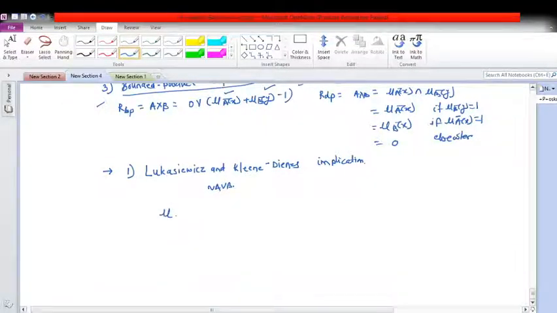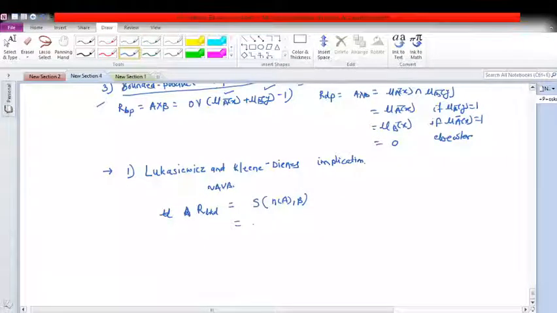So how can you write, or how can you append the membership function for this relation? Let me write R LKD. This can be computed using S norm, and for that it will be the negation of A with B. How can we write that?